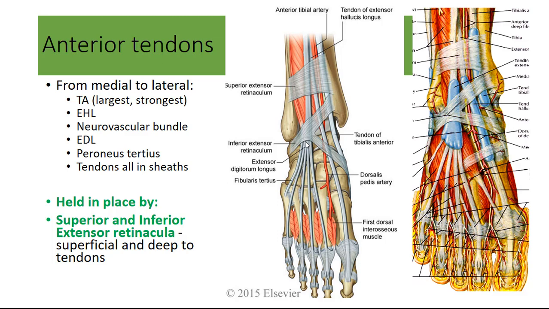Remember, we also have peroneus tertius, and that sits lateral to our extensor digitorum longus. And all these tendons sit in sheaths. There are two different types of tendons, those that have sheaths and those that don't, and these all have sheaths. And as I said, they're held in place by these retinacula.